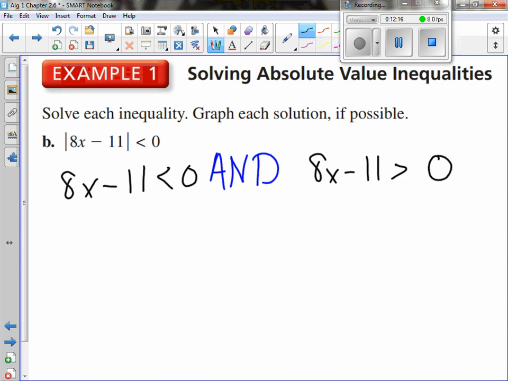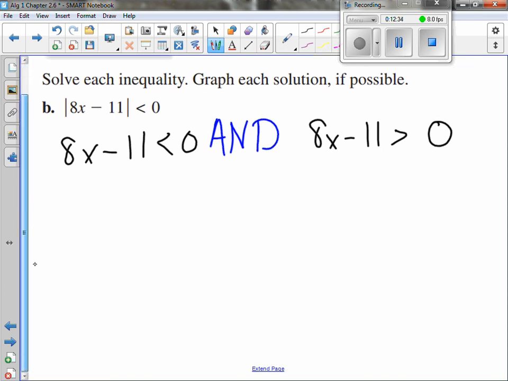Greater than 0, because we'll have the two cases. One's going to be less than, the other is going to be greater than, because normally we would have a negative, but 0 is not positive or negative. So we have these two cases here. Any questions on how we got this set up?